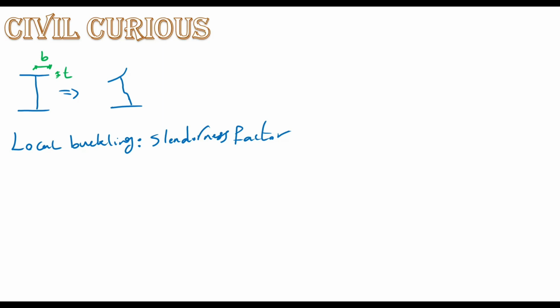Let me write that for you. The slenderness factor equation for this IPE section is calculated like this: B divided by T has to be less than 0.76 radical E divided by yield stress.